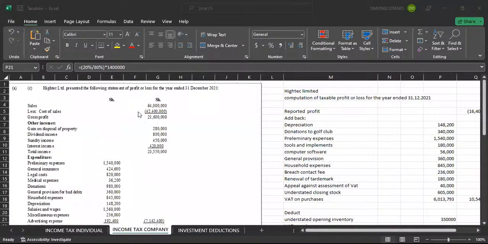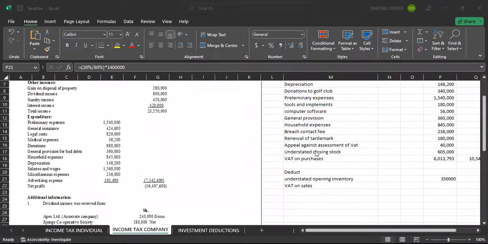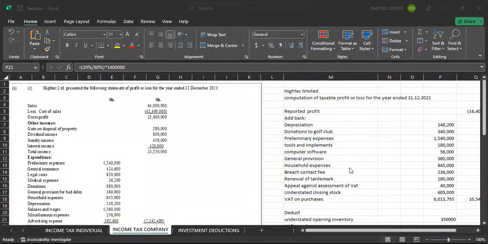The value for sales is given up here as 64 million. So we want to deduct, remember the income which was recorded here included the VAT amount. That is, if we remove VAT from this, gross profit will reduce, which means it was exaggerated. So we want to do away with the exaggeration, we can now reduce that.